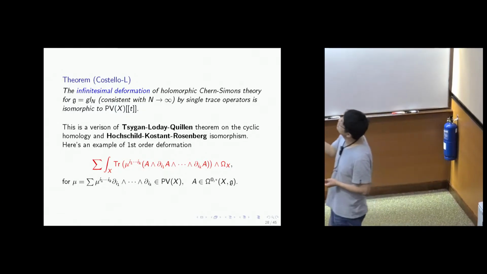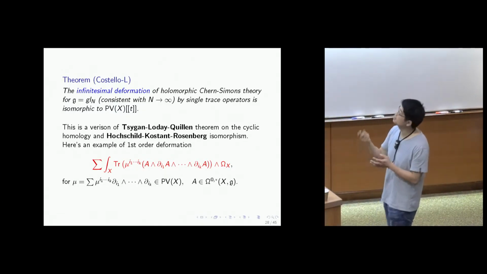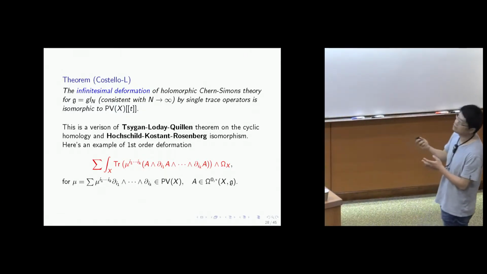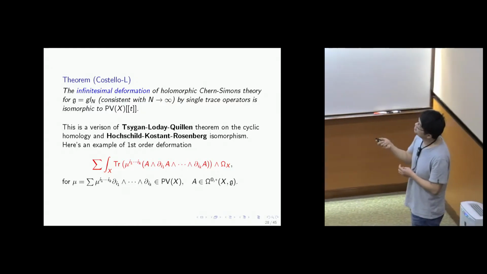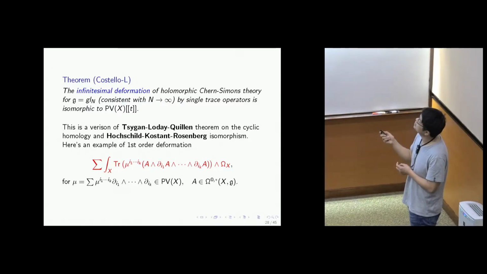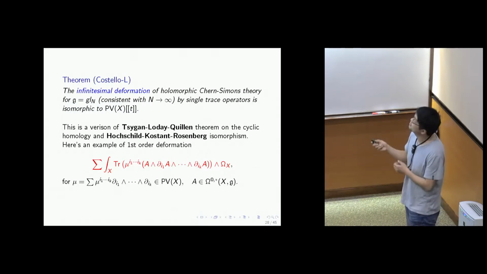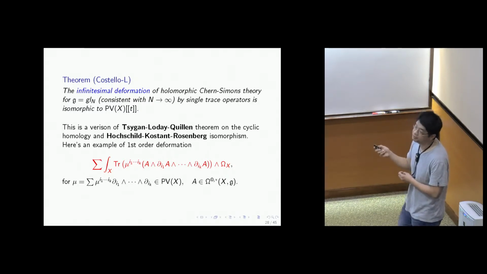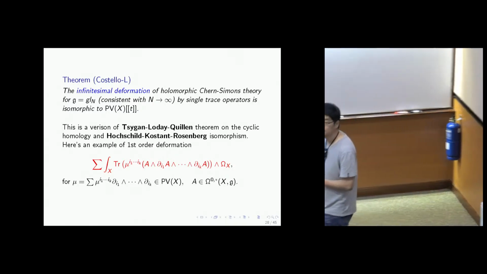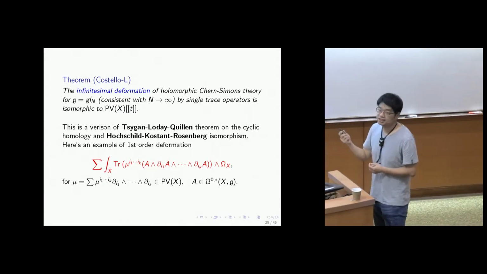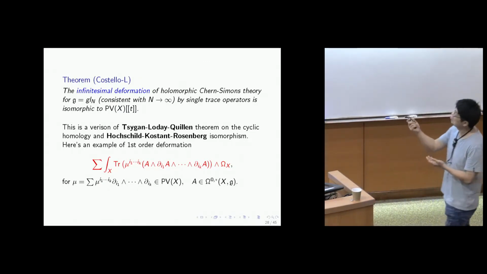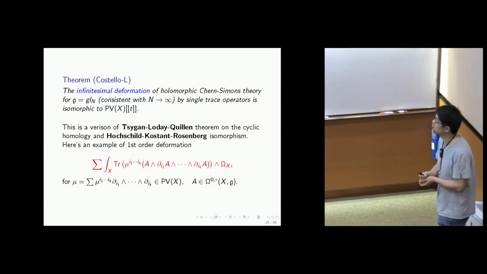If you compute this deformation, it's computed by some kind of Lie algebra cohomology. And the first order deformation is precisely given by single trace operators. It's precisely parameterized by the space of polyvector fields with a formal variable t. So this is basically Kodaira-Spencer gravity. This appeared as a first order deformation.